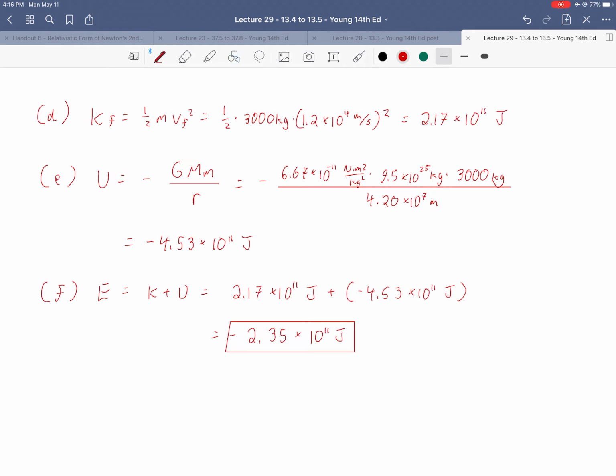Great. And then we're going to go ahead and find the new elliptical semi-major axis. Okay? So then A is going to be GMm over 2 times the total energy. Now remember, I could have found R the same way.